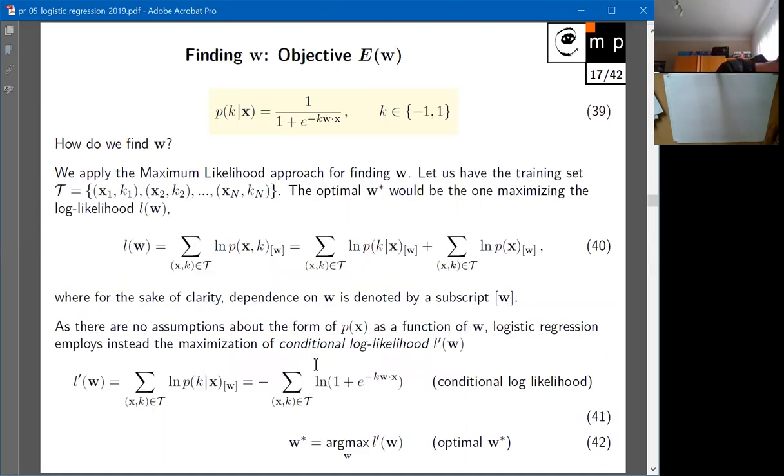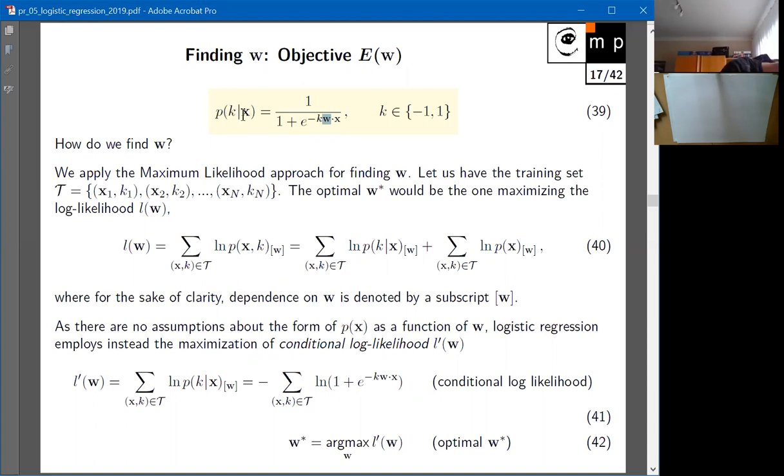And we'll invoke the maximum likelihood principle. So to create a logistic classifier, or a classifier with logistic regression, we only have to find the w. Because once we have the w, we see the p_k given x, and we know how to decide.